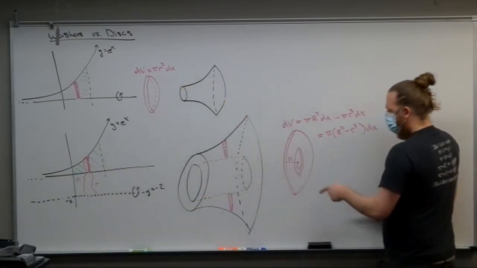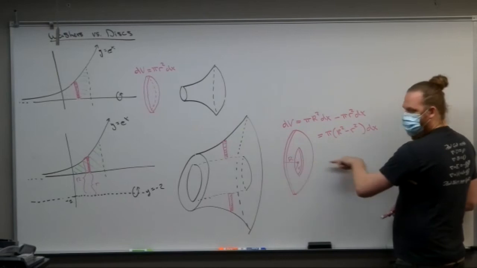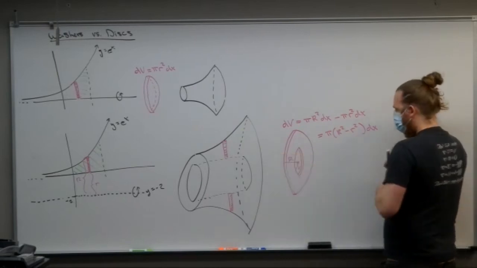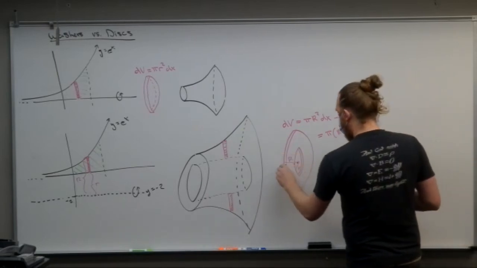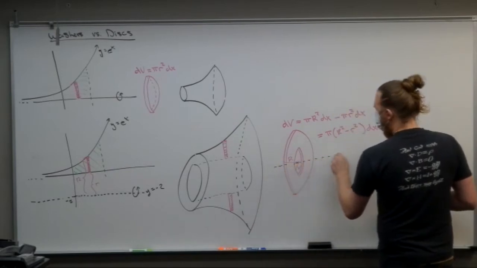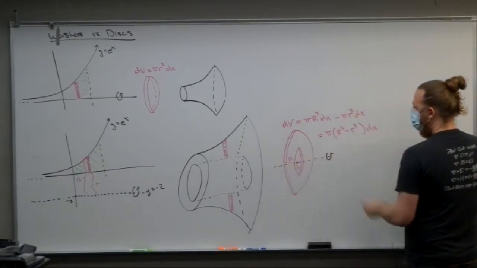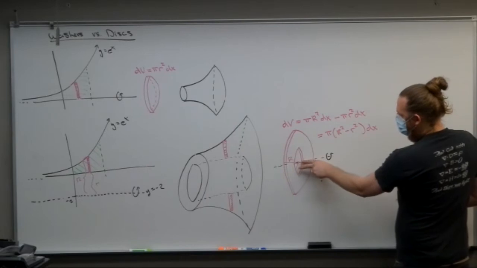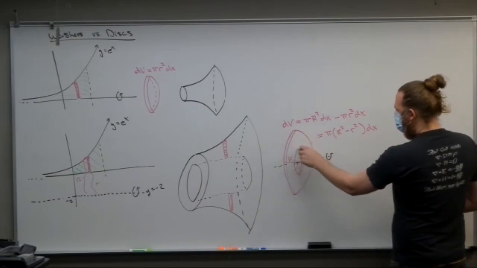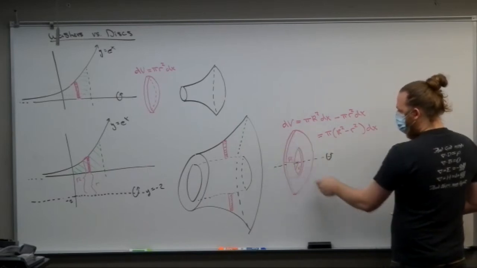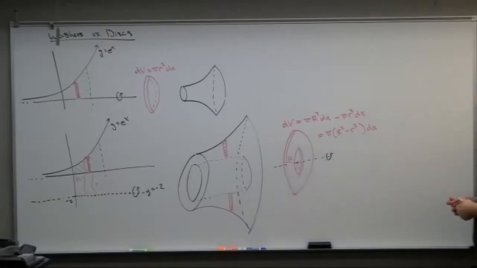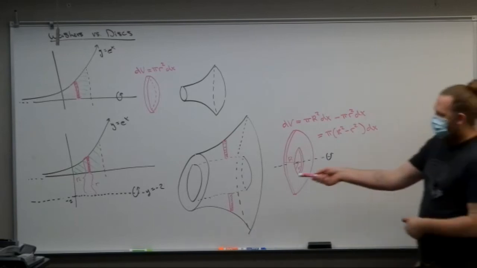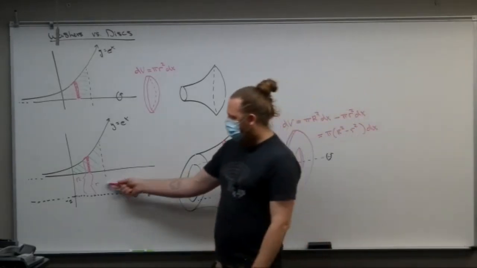The axis of rotation runs right through the middle of this thing. So little r, and you can think of your strip as being right here. Little r is the distance from the axis of rotation to the near end of the strip. Big R is the distance from the axis of rotation to the far end of the strip.